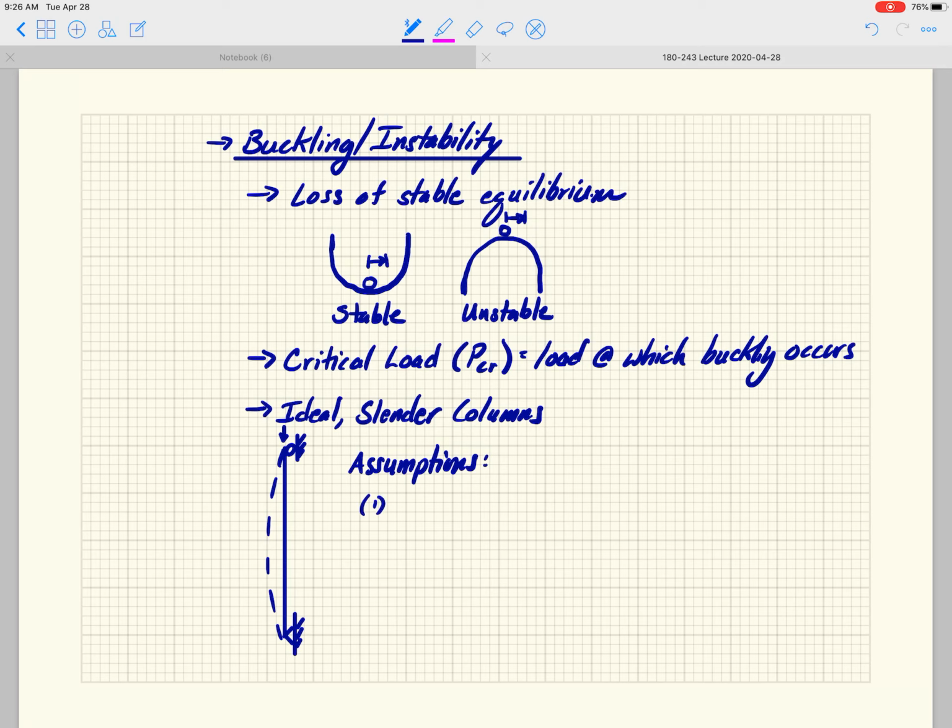So the first one is that the column is straight. We're not going to deal with columns that are out of straight, so for all intents and purposes, our column is straight. Two, our load is concentric.